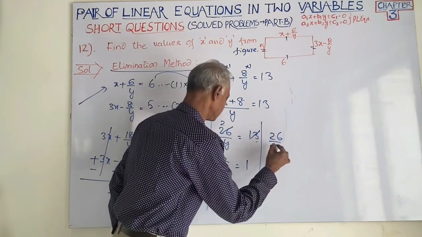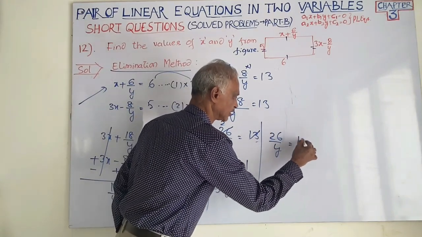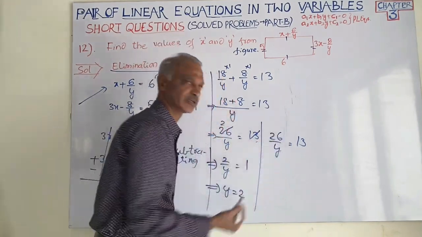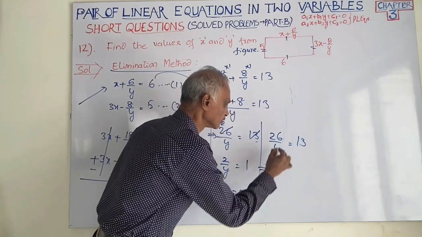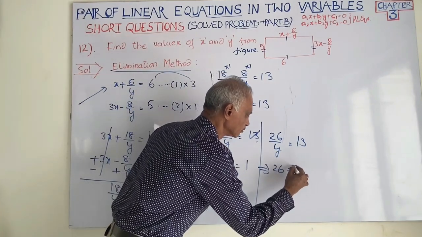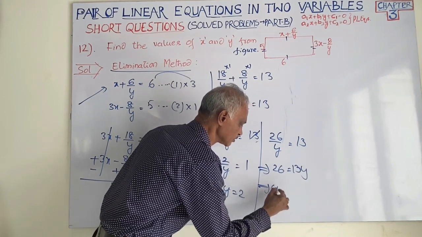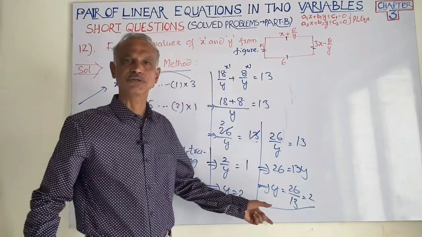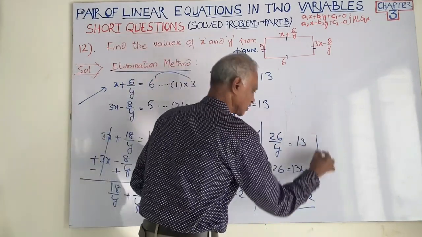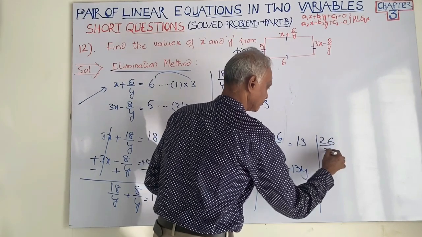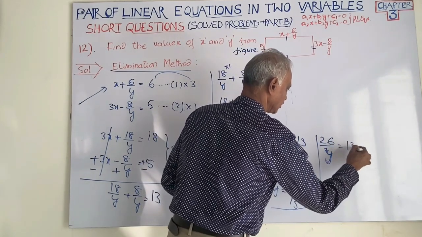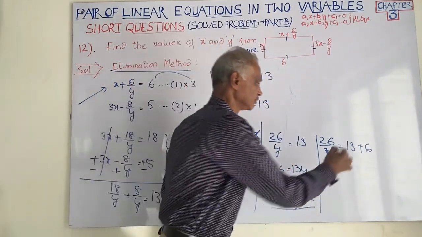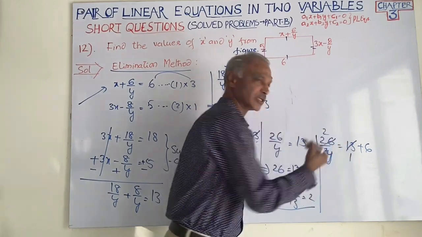If you have 26 by y is equal to 13, you can directly cancel. Or you can write 26 is equal to 13y, so y is equal to 26 by 13, and you will get the value of y as 2. But some students will do it like this: 26 by y is equal to 13 plus 6 or something, and they cancel 13 ones are 13, 13 twos are 26.